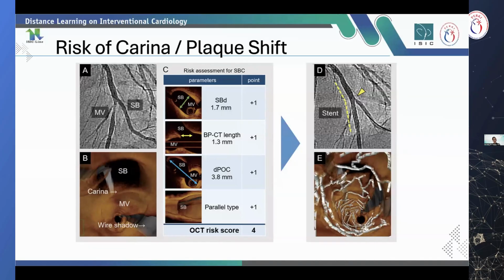However, in the real world setting, if you have OCT in your daily clinical practice, sometimes 3D OCT is time consuming. But nowadays, the visibility of OCT is rapidly improving. If we're using 2D OCT, I think it's enough to check the wire position at the ostium of the side branch.